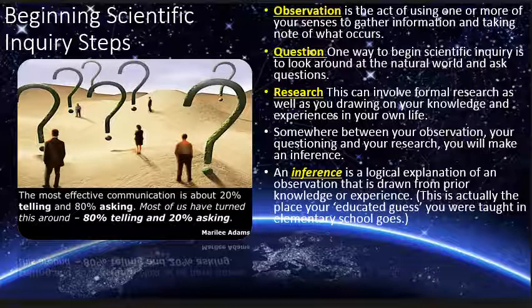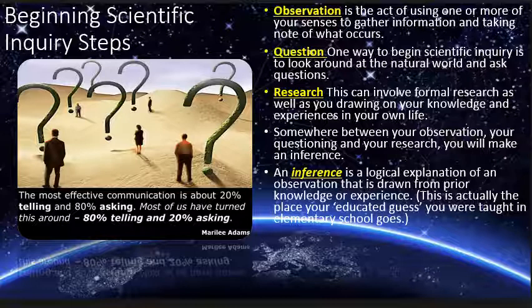If you think back to when you were in elementary school and you were first learning about the scientific method and the teachers taught you what a hypothesis was, they often use educated guess. That's because at that point in your education, that's kind of the easiest thing for you to understand and go with.